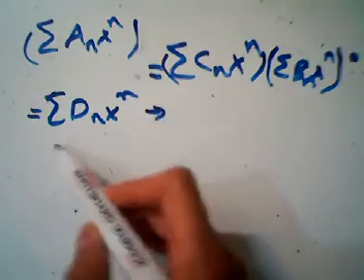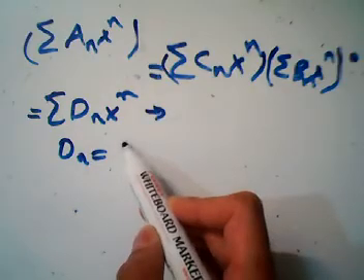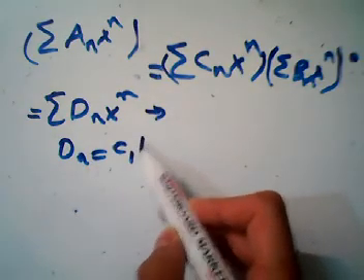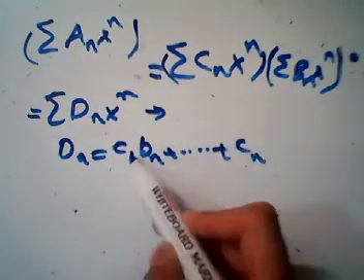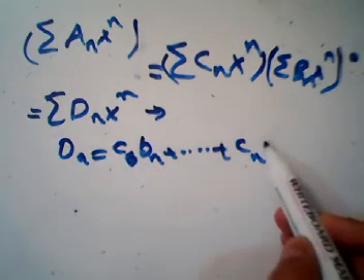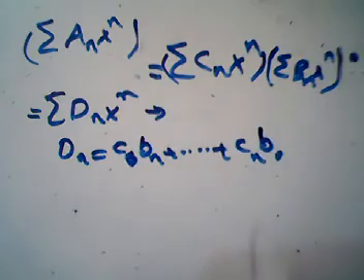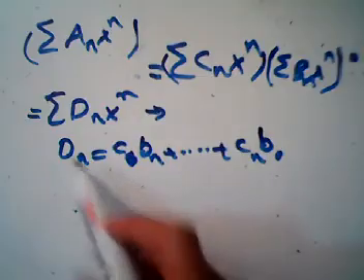And Dn equals what? Dn equals C0 Bn plus C1 Bn minus 1 plus up to Cn B0. And this is also An.